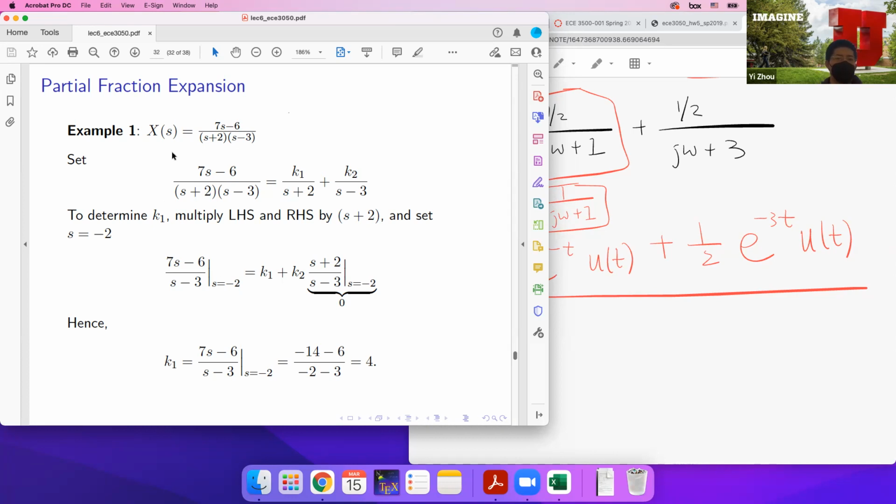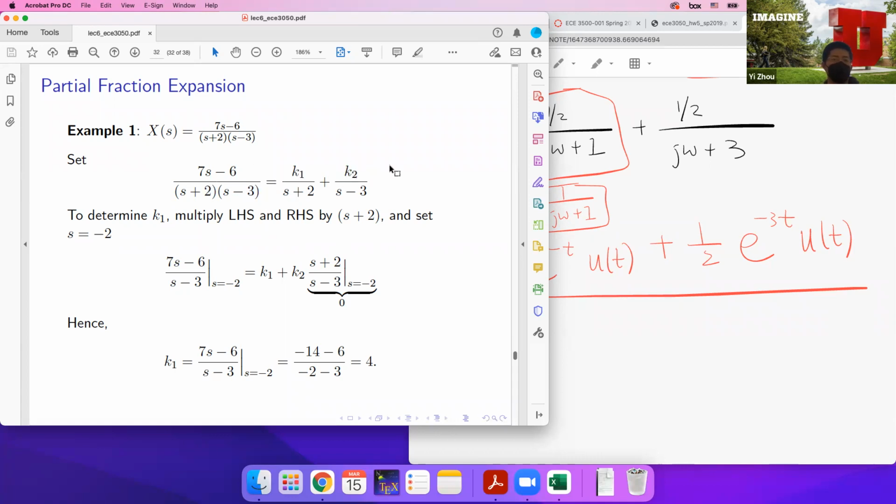We can figure out the decomposition by setting up general coefficients that are to be determined later. So for example, without loss of generality, we can say that this big fraction equals a constant over the first factor in the denominator plus another constant over the second factor in the denominator.